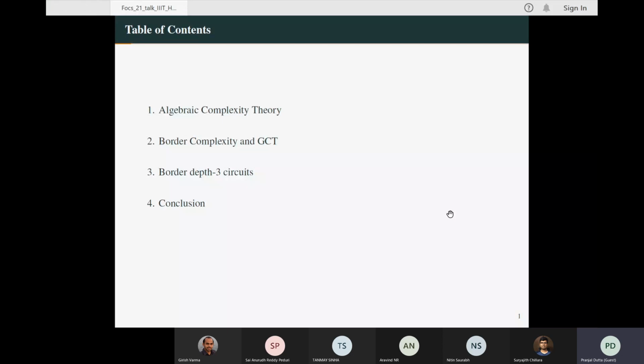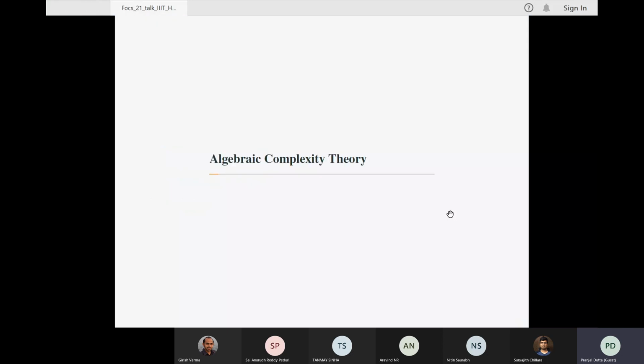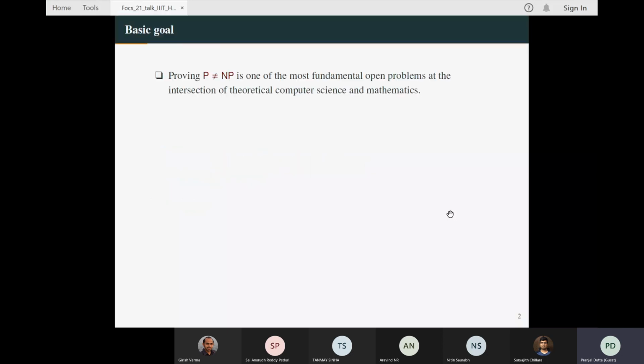Okay, so let's start with algebraic complexity. In complexity theory, the main goal is to prove P not equal to NP using mathematical tools. This is one of the most important questions in theoretical computer science as well, at the intersection of theoretical computer science and mathematics.